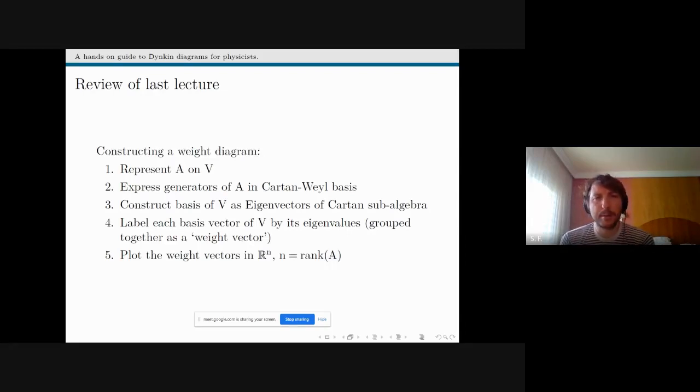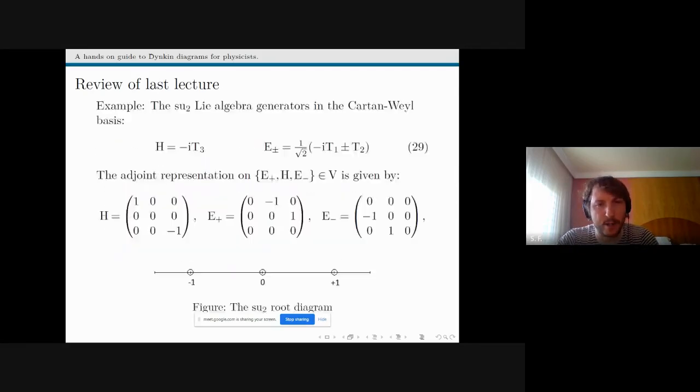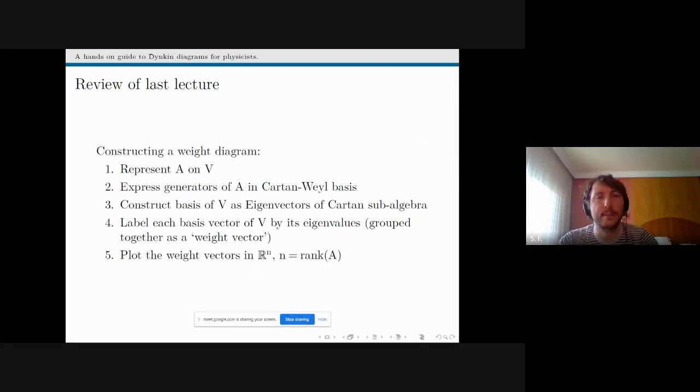So I'm going to begin very briefly with just a recap of what we did last time, in 2 quick slides, and then I'm going to jump into the content. Just to remind you, last time we came up with a recipe for constructing root diagrams. And the recipe went a little bit like this. First of all, we started with some Lie algebra represented on some vector space.